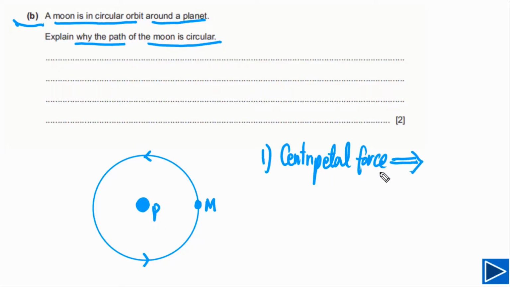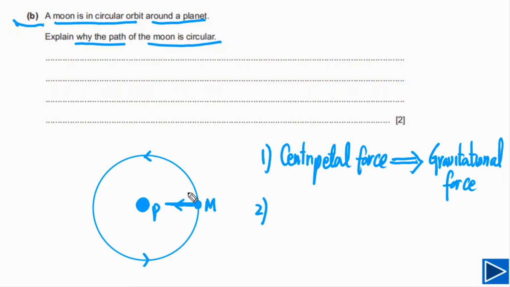Centripetal force in this case is provided by gravitational force. So we can simply write down in this case centripetal force is provided by gravitational force, means force on this moon by the planet. So this one is the gravitational force. So this is our 1 point we can write down.